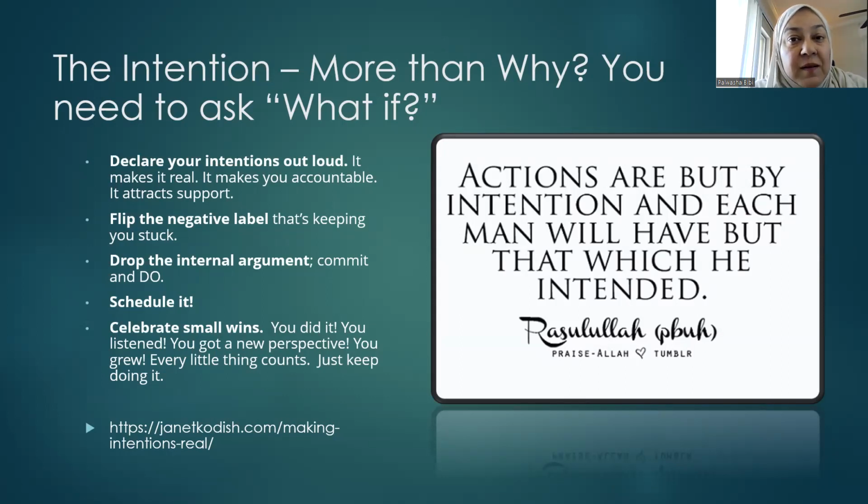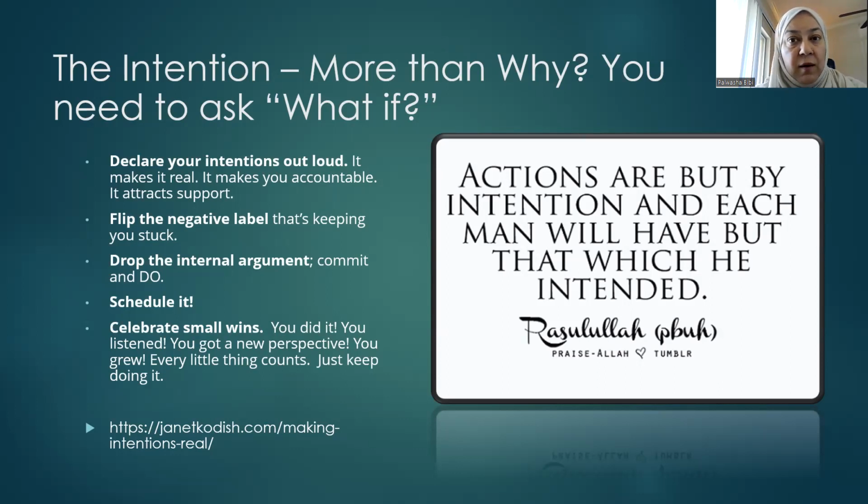And in this first step, when you declare that you want to do research, you're actually flipping the negative label that is keeping you stuck. And the negative label is that medical research is very difficult, or that we don't have time to do research, or that I need to attend a course.